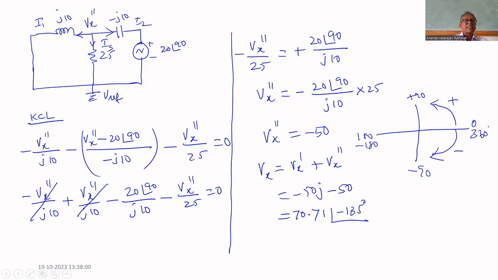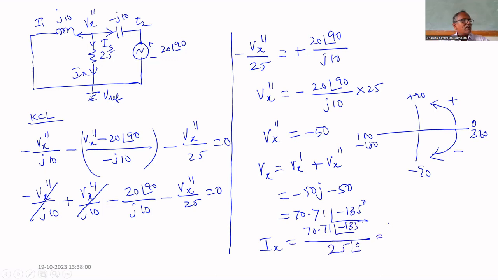Suppose they are asking for current. What is the current through the 25 ohm? Now we can easily find it. We know Vx. Ix equal to Vx divided by 25. Ix equal to 70.71 angle minus 135 divided by 25 angle 0.